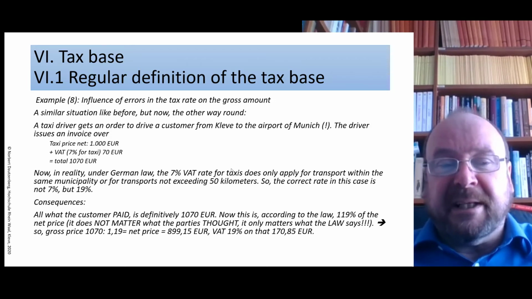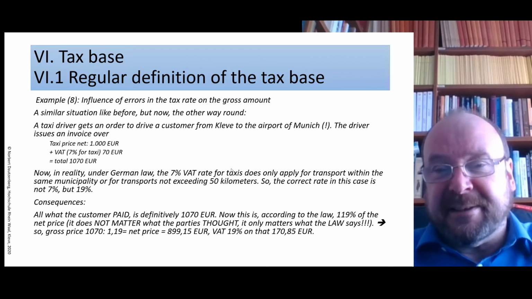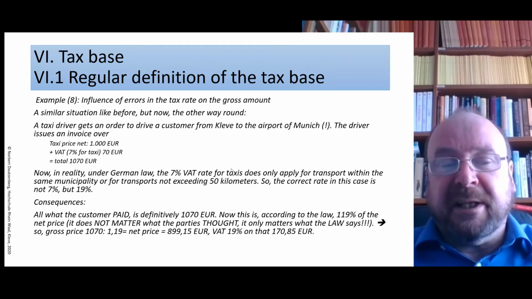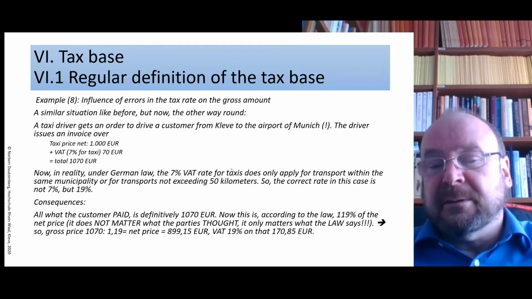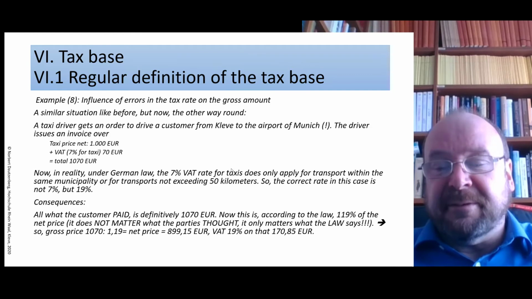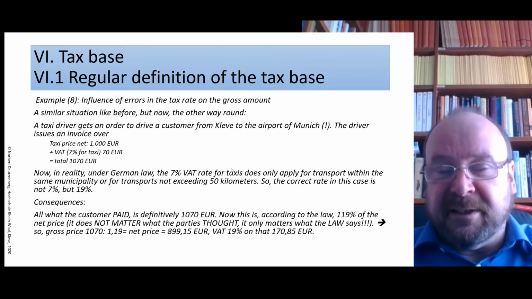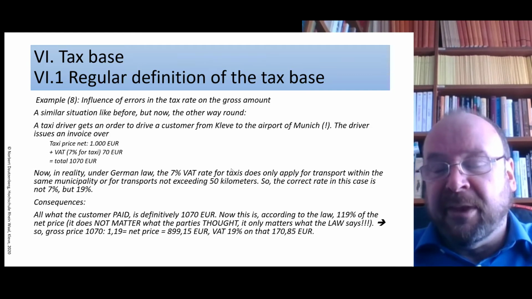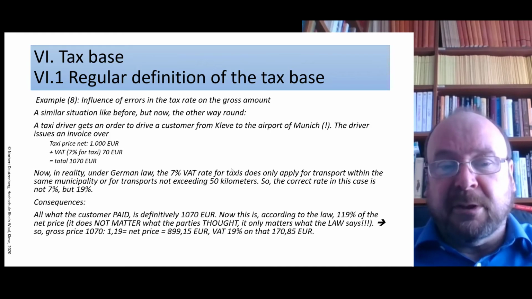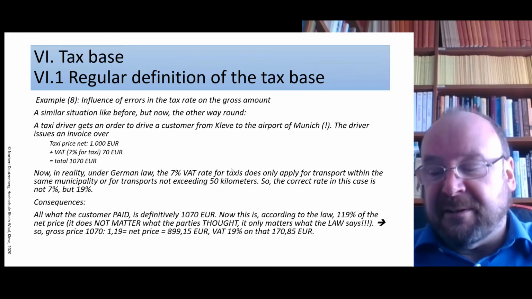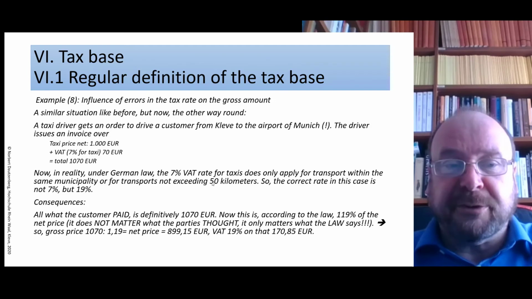But as long as the situation stands as it does here, we have a VAT of 170.85, 19% out of 1070, and the customer only being able to deduct the 70 which are shown in the invoice.